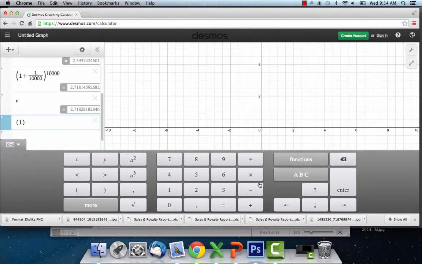So let's do 1 plus 1 divided by 1 million to the 1 million. And there we don't differ until there, and it's still not much of a difference, and that's all the way out at the millionth. So you can see as you let that get huge, it would get closer and closer and closer to e.